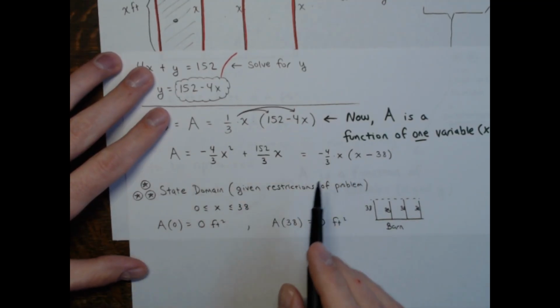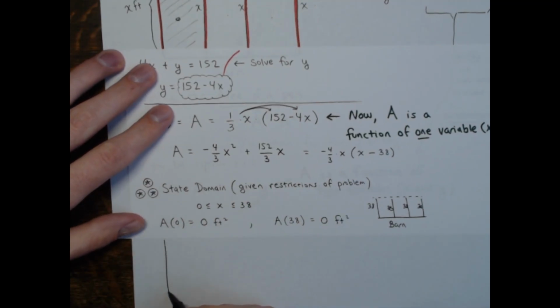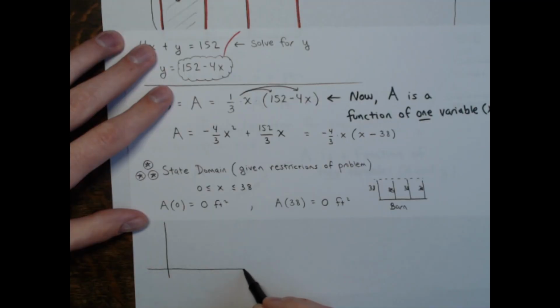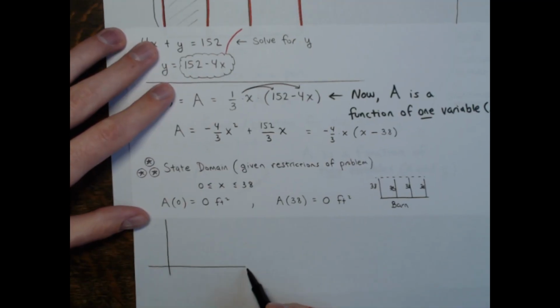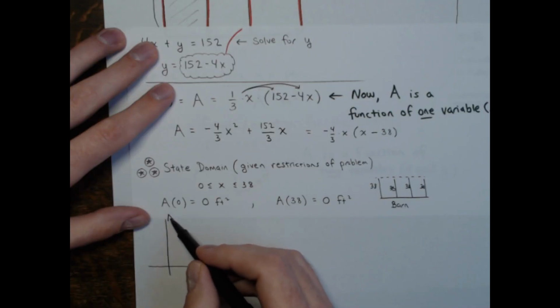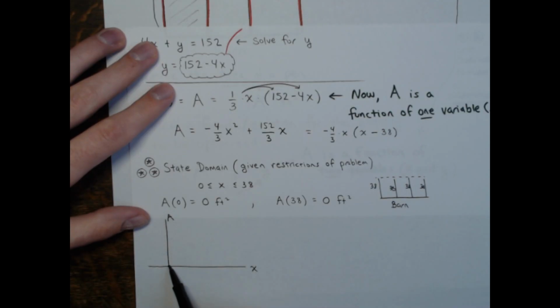And then if you were to make a graph, now that we have this function of a single variable, my horizontal axis will be this x, right? My input is x. And the vertical axis will be the area function. So we saw when x is 0, area is 0. And when x is 38, area is 0.